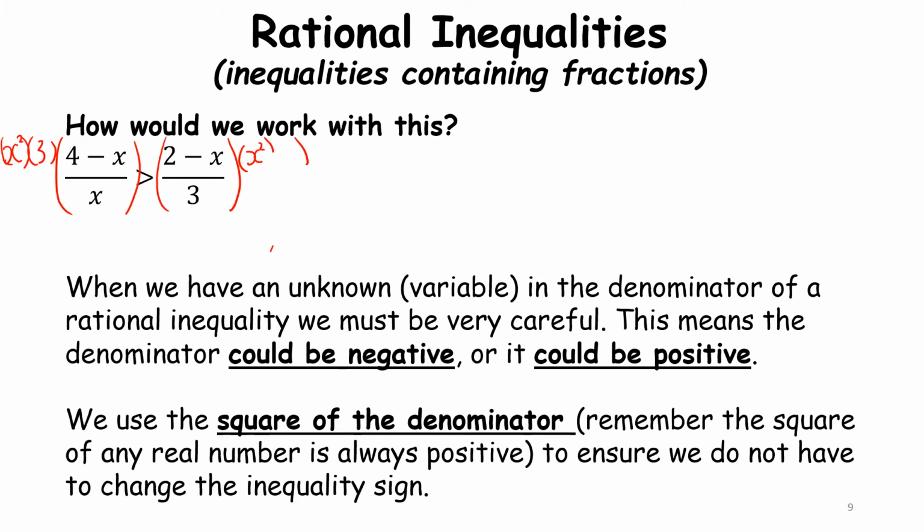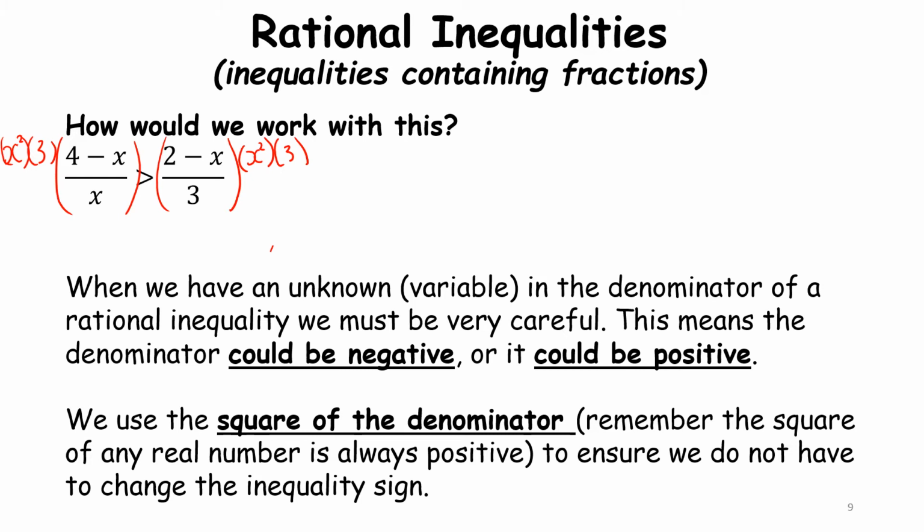Now, the reason I square the x, but I don't square the 3 is because x could be positive, it could be negative, I don't know. But when I square any real number, it will end up being positive. So if x was like, say, -3, squaring it makes it 9. It's now a positive number and it's not going to affect the inequality sign.